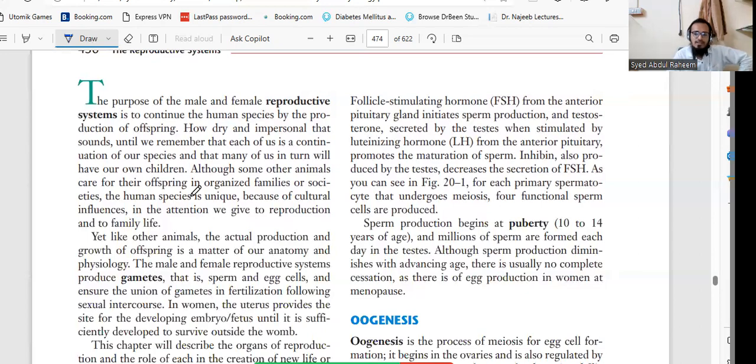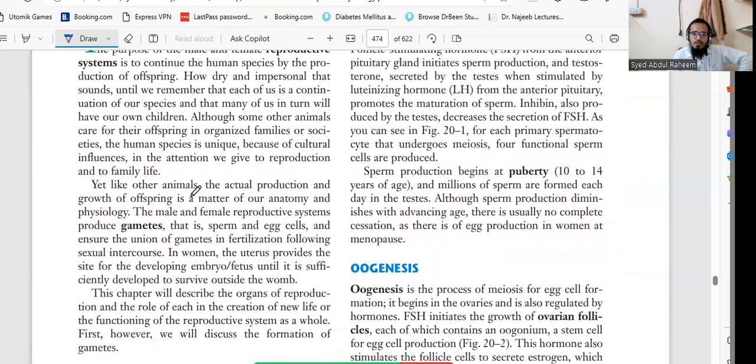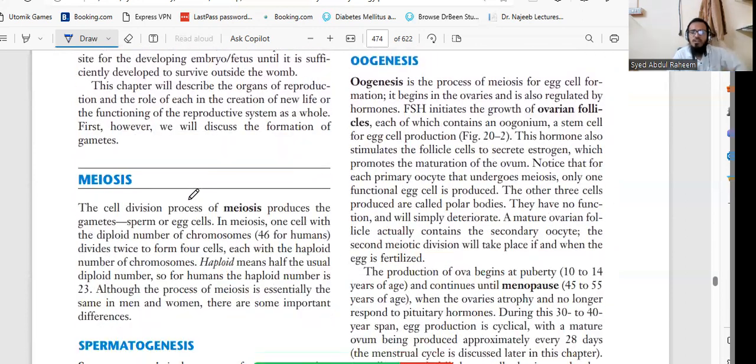Okay, so let's talk about it here. The introduction part is given, so we will come directly into the topic. Here, basically, not only do we have a reproductive system, but cells also have a reproductive system. Cells also multiply. Cell division will also happen.